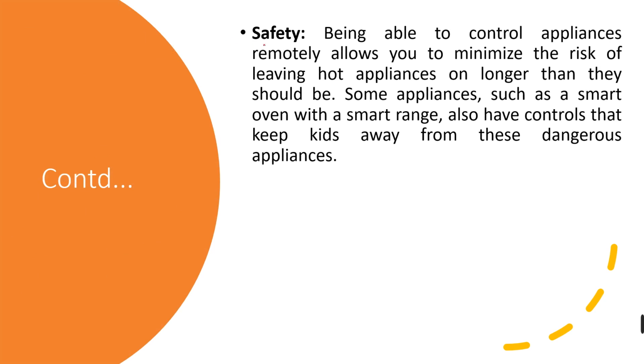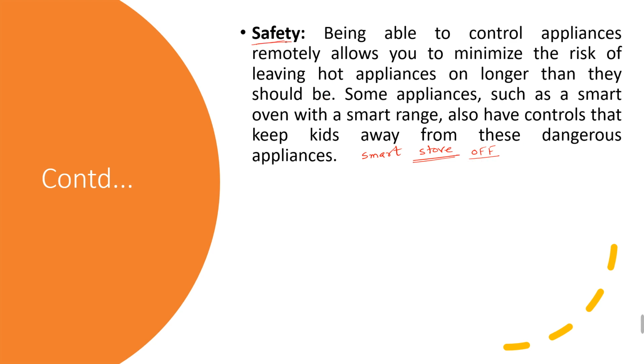Next is safety. I have also mentioned the same example of a smart stove: if you are able to control that smart stove from a remote location, and unfortunately you left it on, you can switch it off by closing the regulator, and that will increase the safety.